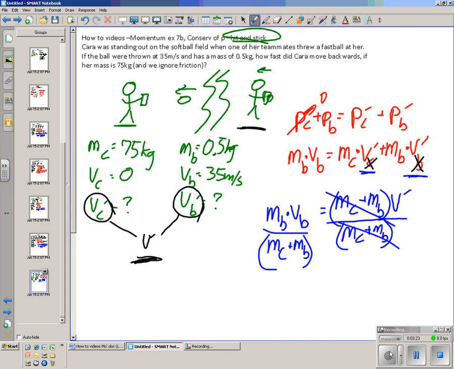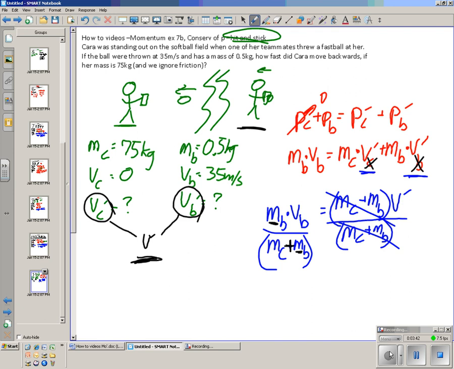Now you might say, oh, looky, I can even cancel out some more because I've got mass of the ball here and mass of the ball here. I'm going to cancel them out. Aha, wait a minute. Remember, there is a plus sign right there, so I cannot simply cancel that out. I actually have to work through all the math.